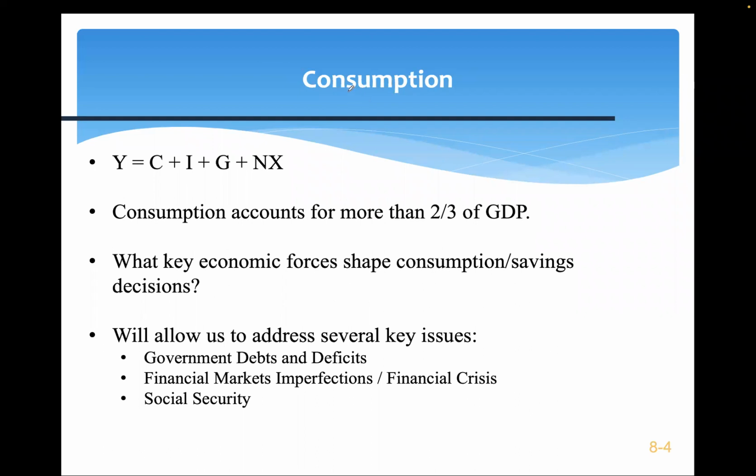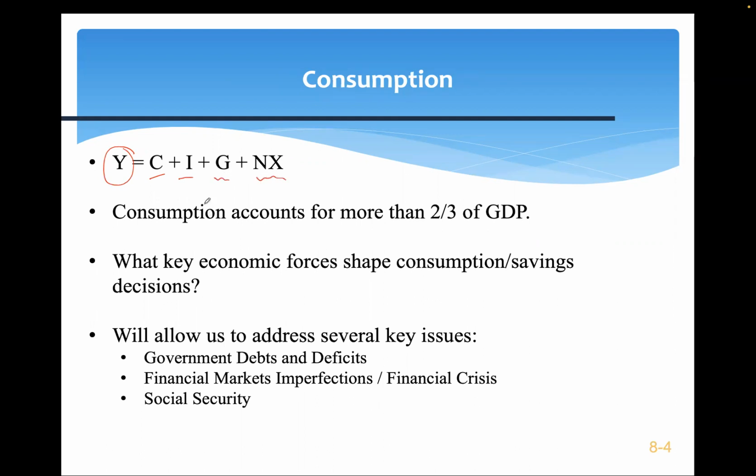All right. So let's start with why we care about consumption, or why this chapter is about consumption and saving decisions. This is the equation we are very familiar with. On the left-hand side, we have total GDP, and on the right-hand side, we have four categories of expenditure: consumption, investment, government spending, and net exports.